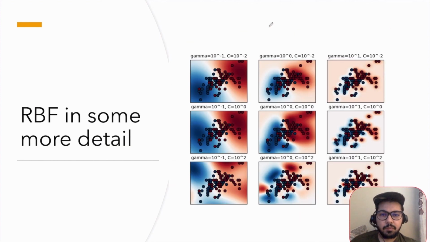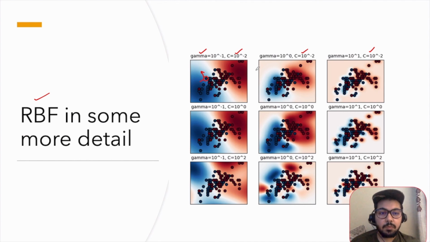Okay, so here we can see if we keep the C same for three of them, there is one more input parameter which is being taken. The other input parameter is gamma for the RBF. The gamma basically tells what is the influence of a particular point to its surrounding. So how far is it: the lower the value of gamma, the farther is the influence of a point to its surrounding.